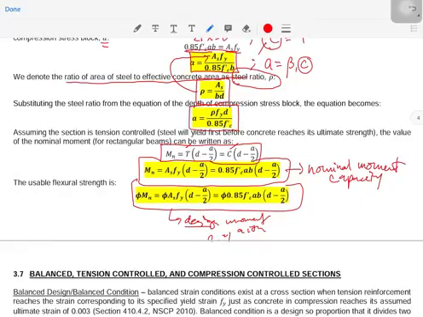Now if we say design moment capacity, then we will be using a strength reduction factor already, phi. So that will now become phi Mn.